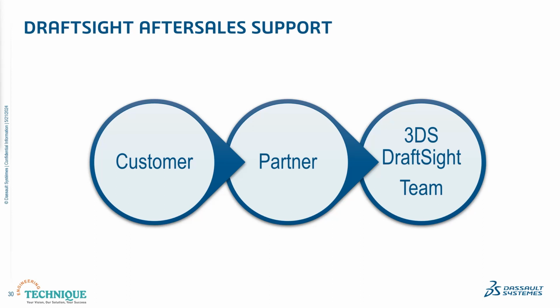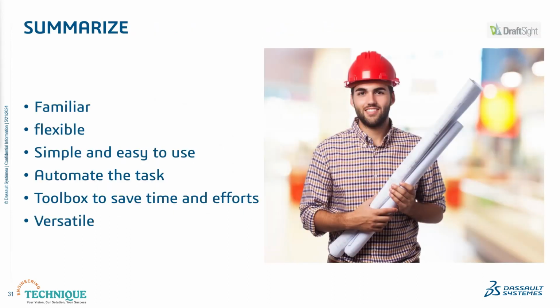So let's summarize. DraftSight has a familiar user interface with flexible commands, making it easier for users to adapt and work comfortably. DraftSight offers versatility not only in functionality but also in the licensing options.